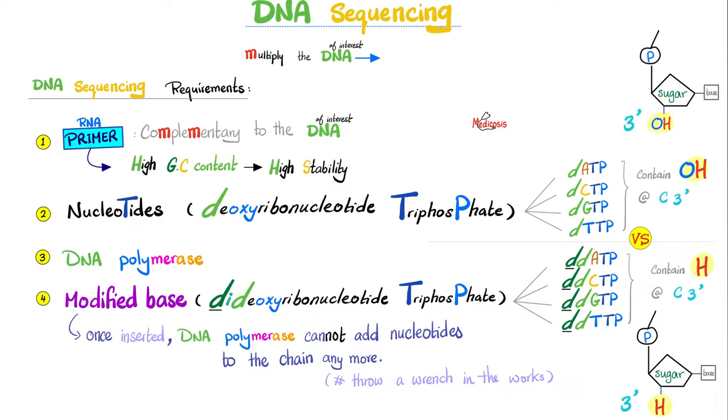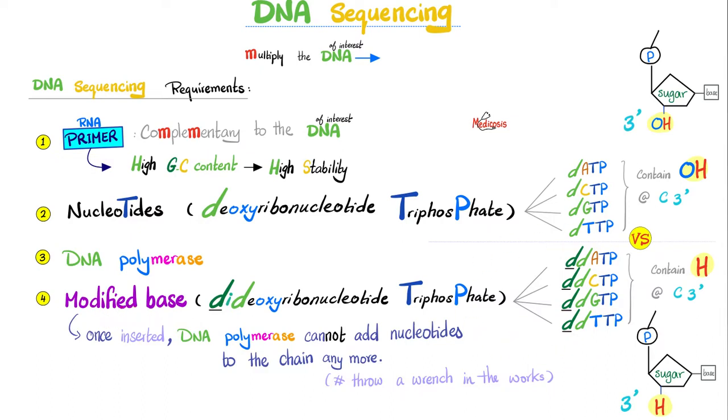Please recall that the first oxygen was removed from the 2' carbon. This will give me dATP, for example. Then the second oxygen was removed from the 3' carbon, and this will give me dideoxy ATP. Why should I care about all of this?